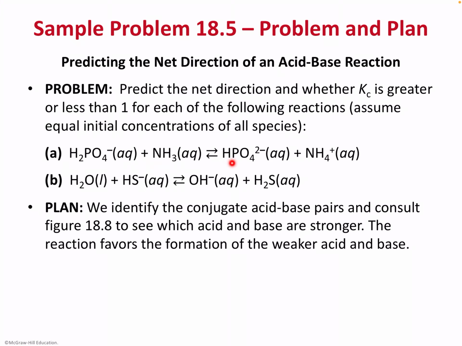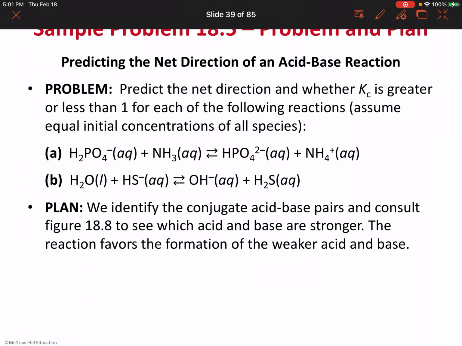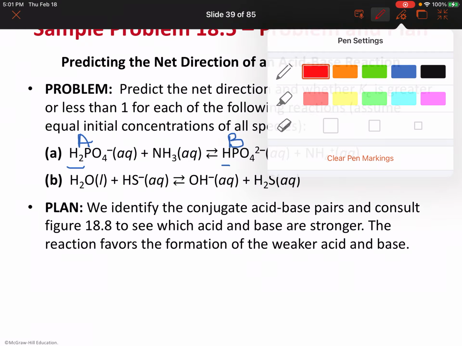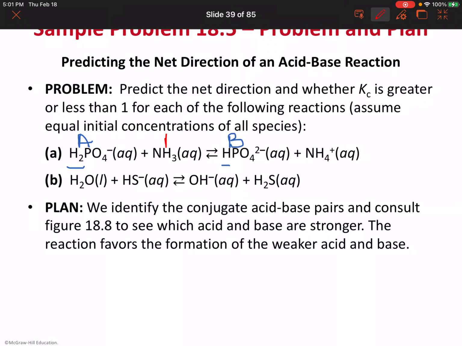H2PO4 minus, HPO4 2 minus. Between these two, this is going to be your acid and this is going to be your conjugate base. Remember, there are 2 hydrogens and 1 hydrogen in hydrogen phosphate. So that is the conjugate acid-base pair. On the other hand, we have ammonia, which is going to be your base, and NH4 plus is going to be your acid. Remember, the number of hydrogens increases, 3 and 4.